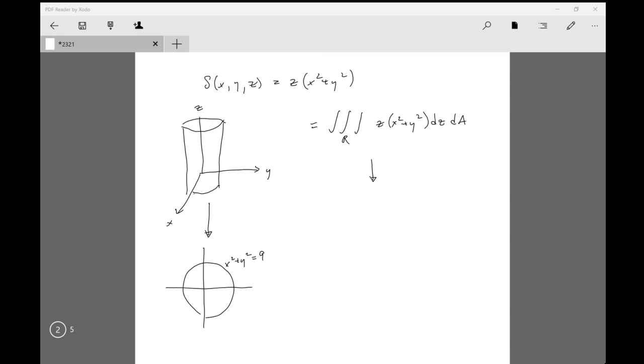So let me fill that in. It'll be messy because I'm trying to stay on the one screen. Okay, so I get that.